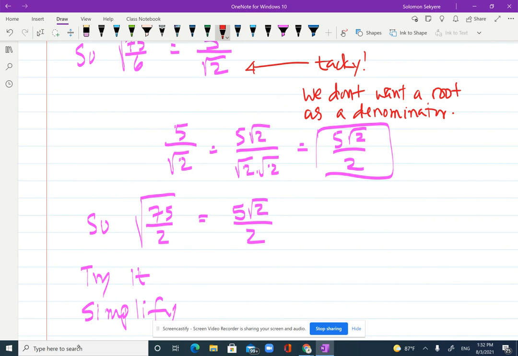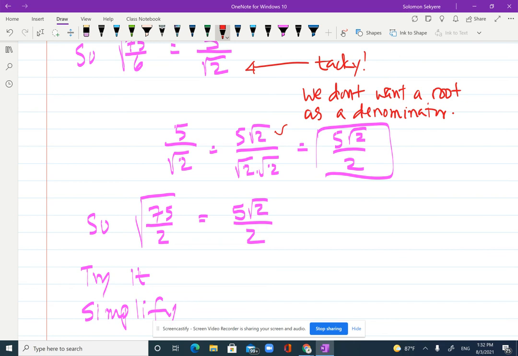Remember, I told you if you take a number, square root of a, and multiply it by itself, it gives you a. So we want to get rid of the square root of 2 in the denominator, so we multiply by itself. When we do that, we have to do the same on the top. So we multiply the top by root 2 and the bottom by root 2.